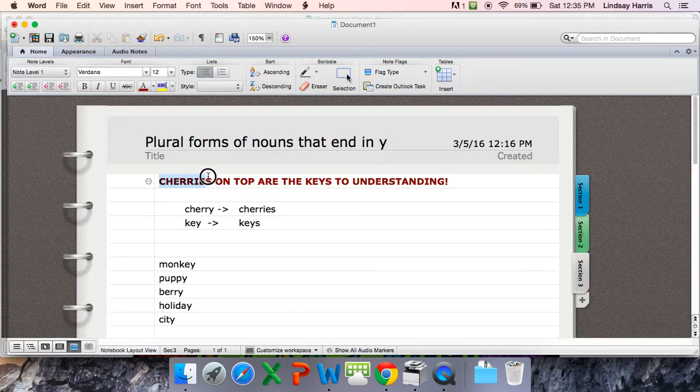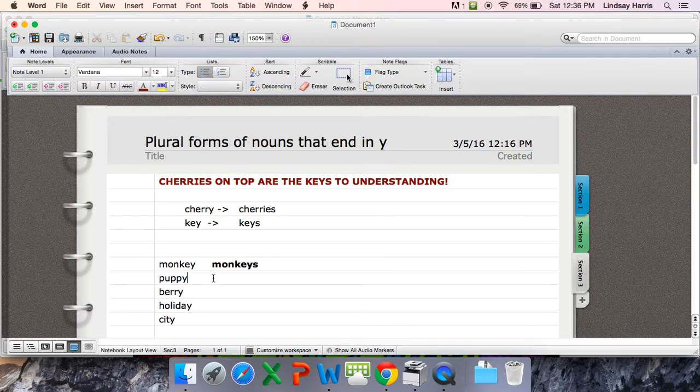If you remember how to spell cherries and you remember how to spell keys, then you understand this rule.